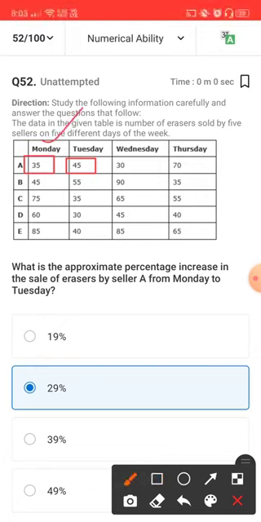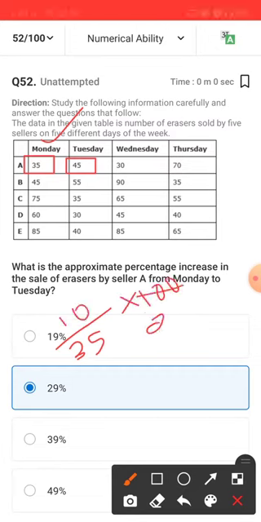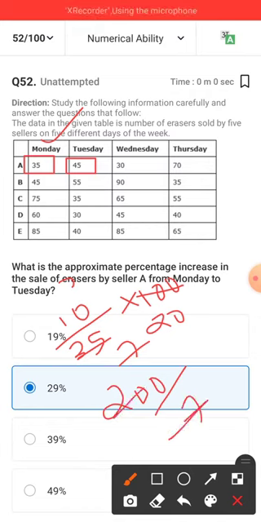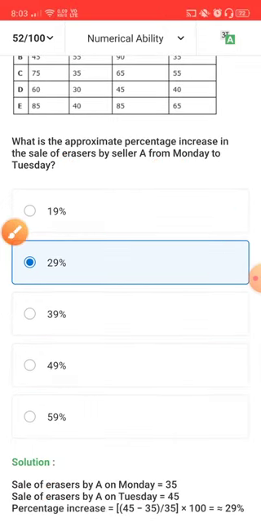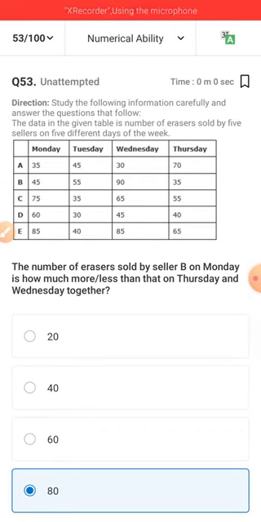So 35 increase 10 and 100. So we simply divide, 10 into 200. 200 by 7. What is 200 by 7? 2 into 7, 14, 6, 8. So approximately 28. Which value is close to 28 here? It's 29%.